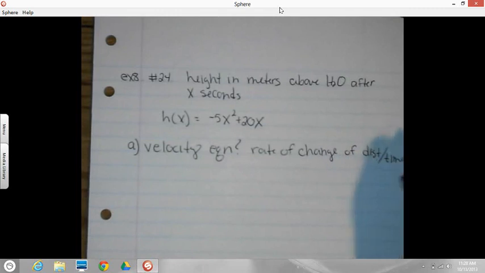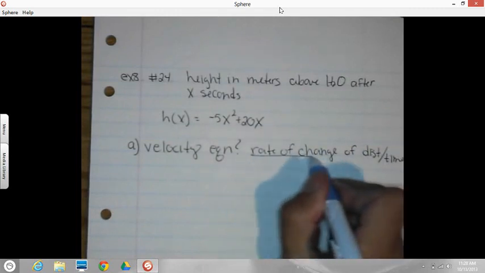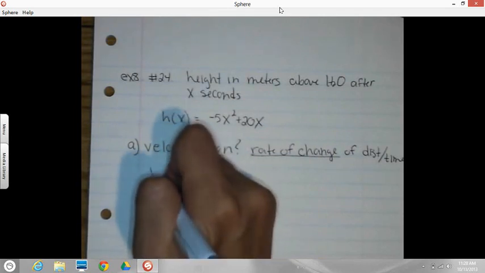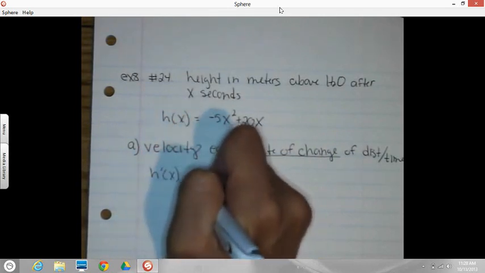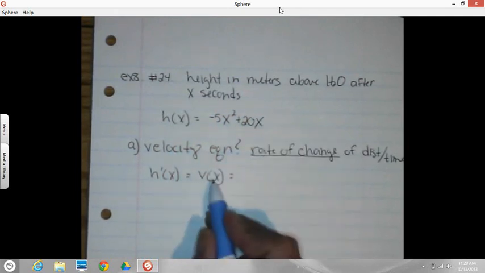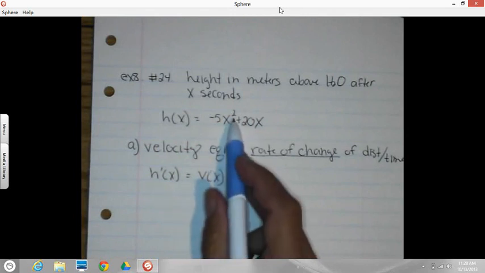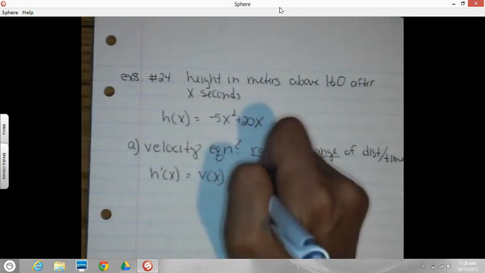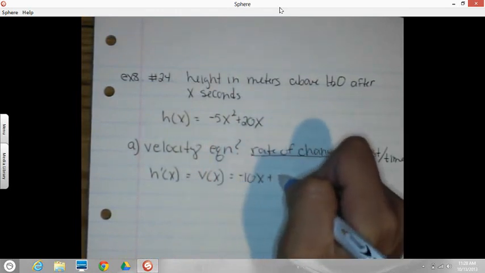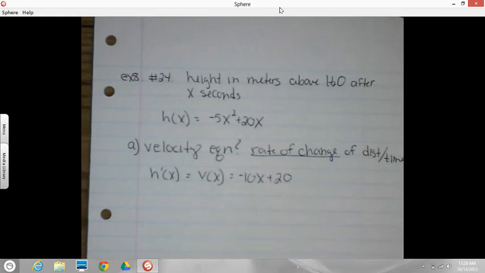That tells us to do the derivative of the distance equation. So h prime is the velocity equation. How fast the book is moving at each time value. So if we do derivative, that'll be negative 10 x to the first, derivative here plus 20. Okay, so we've got a velocity equation.